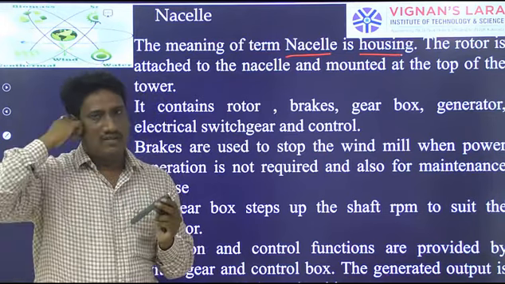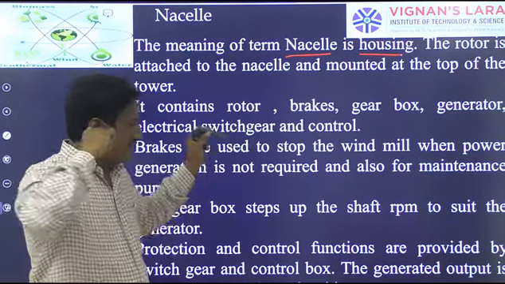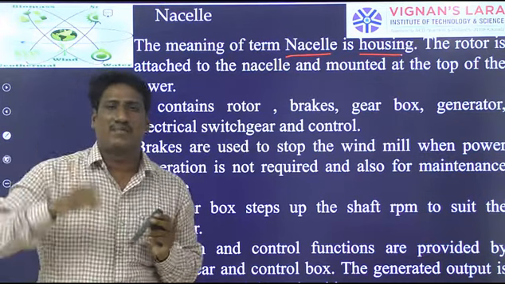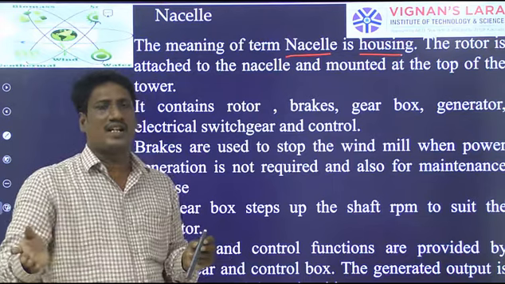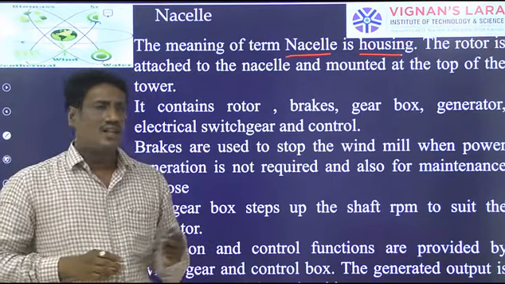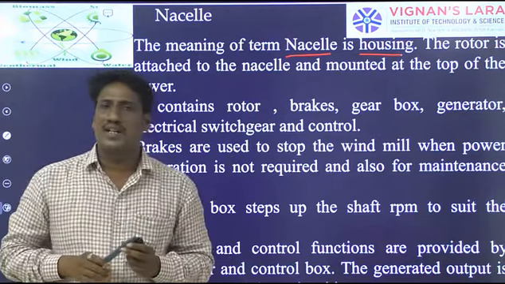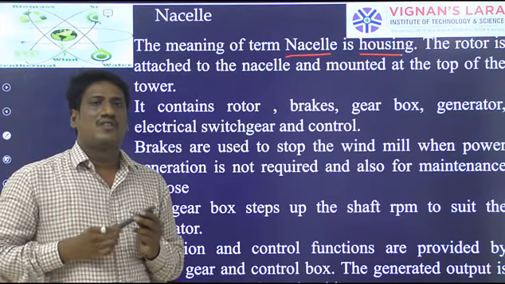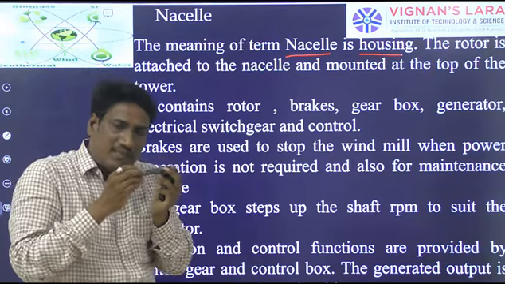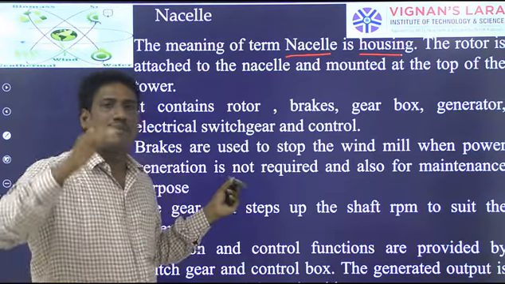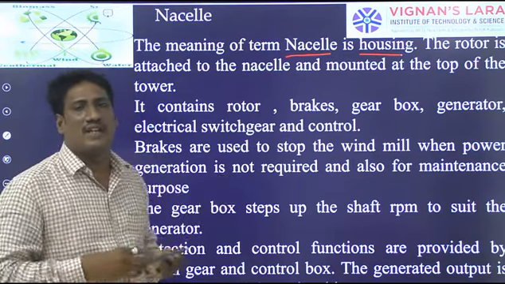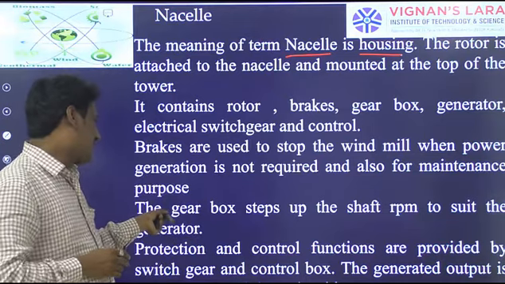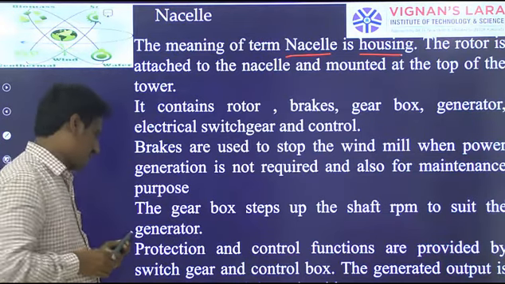But the generator we are using here allows only 10% speed variation. If you use a synchronous generator, no variation in speed is allowed. Here, a specially designed double-fed induction generator can allow 10% speed variation. So whatever the input speed, the gearbox will step up the speed to a suitable range for the generator. That is the advantage of the gearbox mechanism.